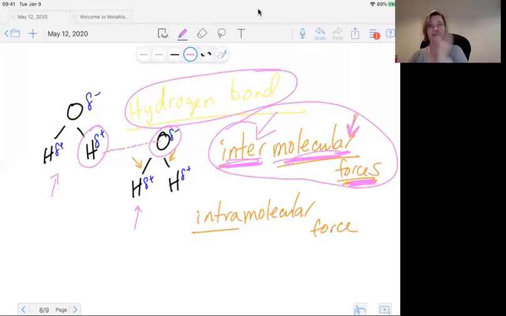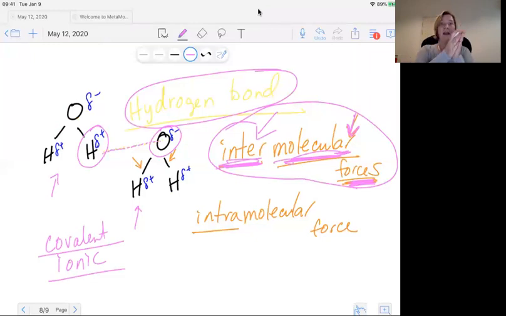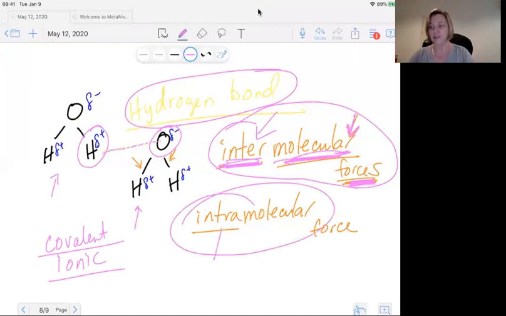That's an intermolecular force. For the covalent, we've got 2 types of bonds which hold compounds together. You've got covalent, which is sharing electrons, ionic, which is one atom giving electrons away to another atom. Those are called intramolecular forces. Intra meaning within.